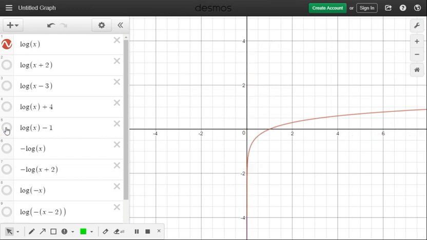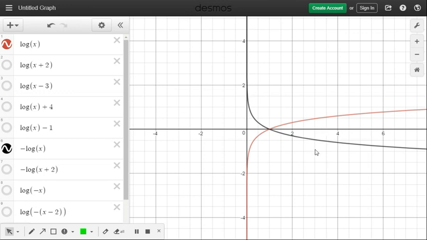Now let's talk about if there's a negative in front of the log function. Here the red graph is typically the log of x. But what happens if I take negative log of x? It will be the same transformation as the one before from 1.5 and the exponential function.